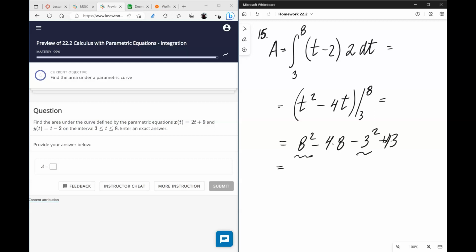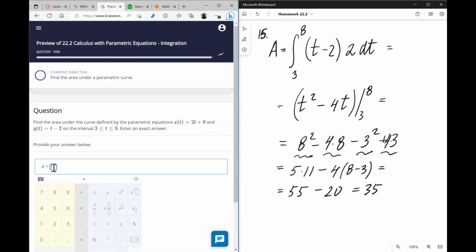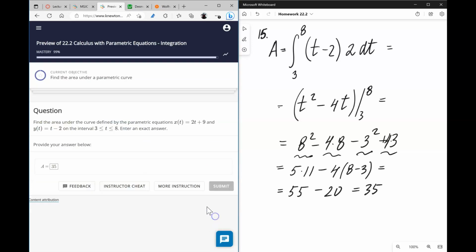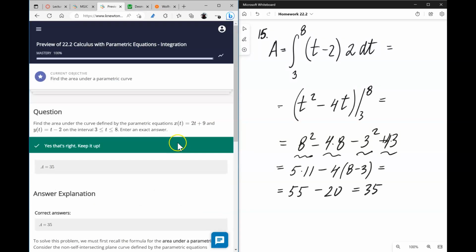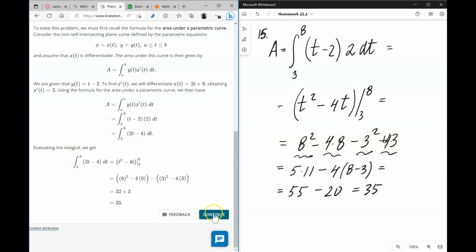Mental math. Difference of squares, 5 times 11. So 55 minus 20, that's 35. And that was good enough.